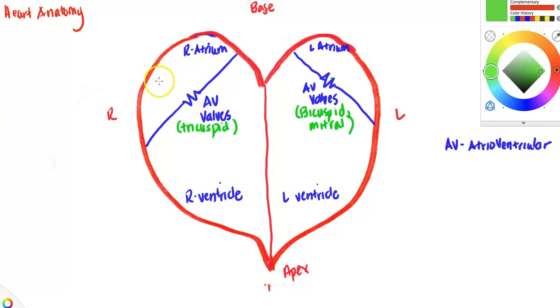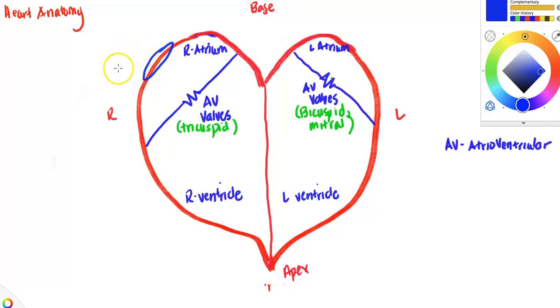All right. For blood to enter the heart, the blood is going to enter the heart on both sides. Deoxygenated blood from the body is going to enter into the right atrium, and oxygenated blood from the lungs is going to enter into the left atrium. So if we start with the right atrium, do some blue here.